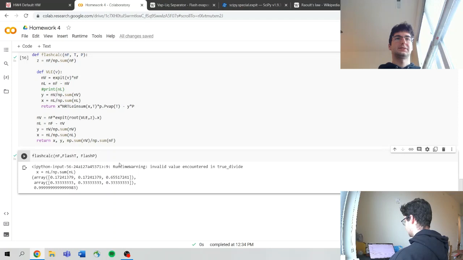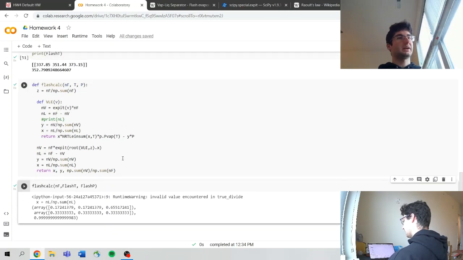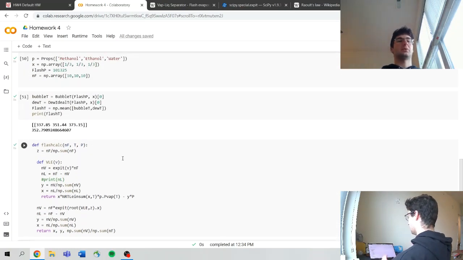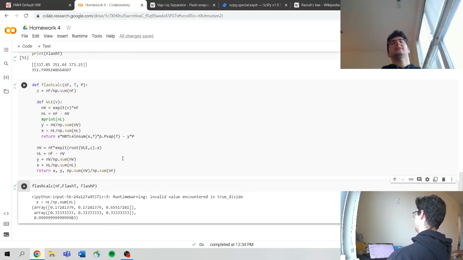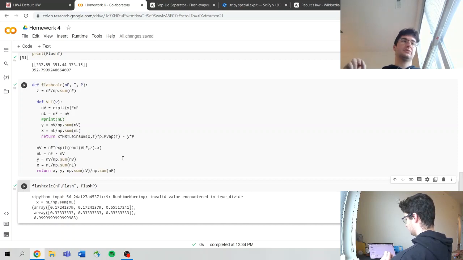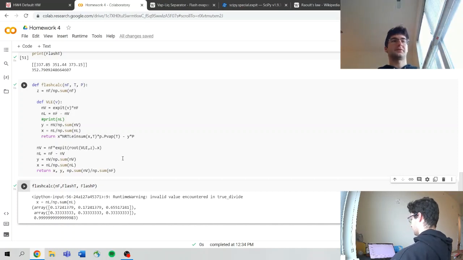Okay. So what might be happening is it's probably all working actually. And because remember we used ideal assumptions, the true dew point might actually be around 350, 351, 352. Because if it is at about 352, then this answer makes sense, that it's all going to be vapor.